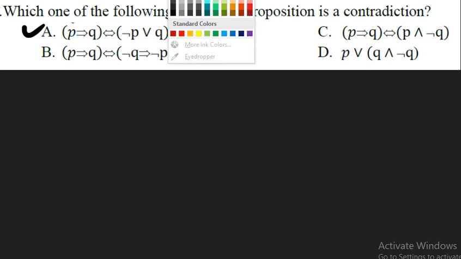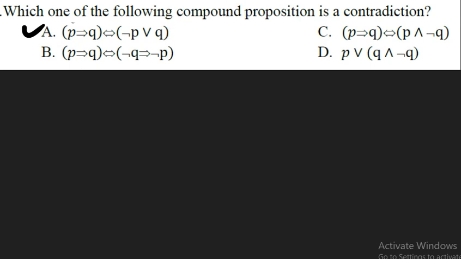The two, as you see here, are equivalent, because negation Q implies negation P is the contrapositive of P implies Q. The contrapositive of a given implication is going to be the same as the original one. So logically they are the same.